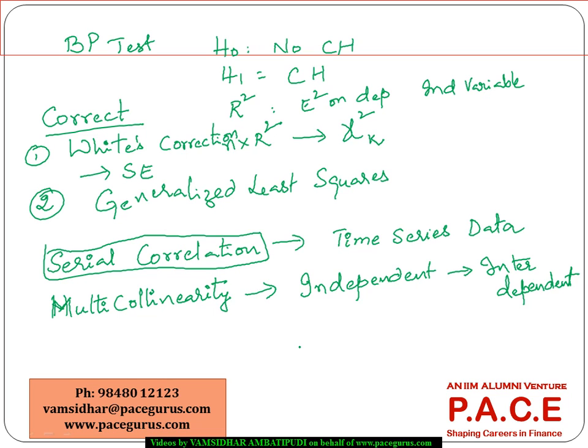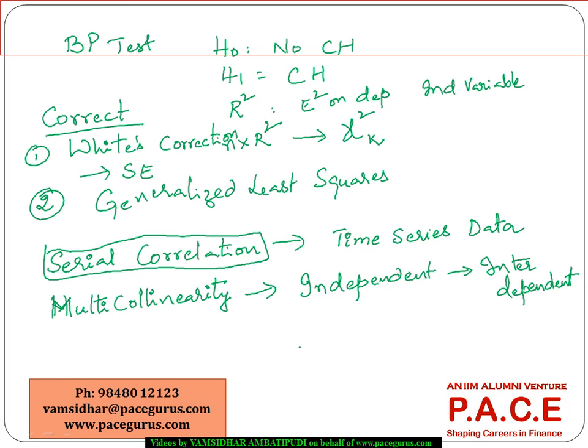I can try to express one of the independent variables as a linear combination of other independent variables, which means the basic assumption of regression is getting heavily distorted, and the coefficients or estimates that we are getting become more and more unreliable. That is the serious problem associated with multicollinearity.